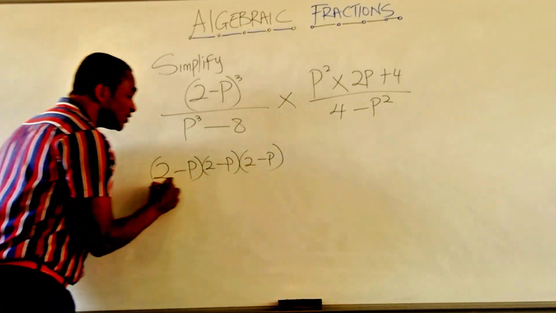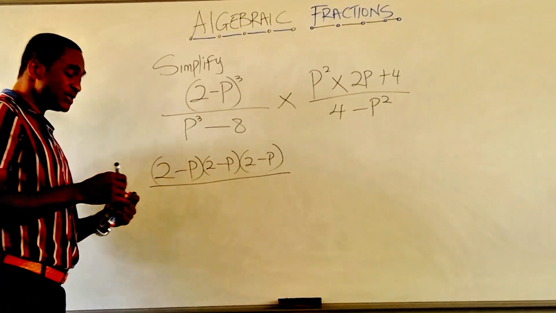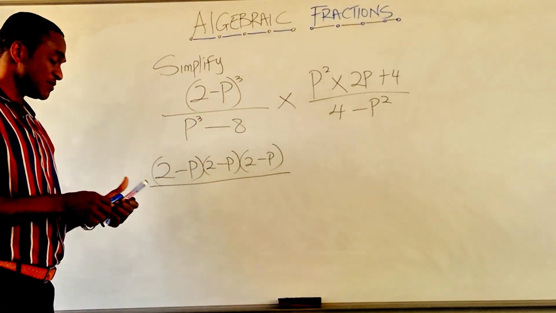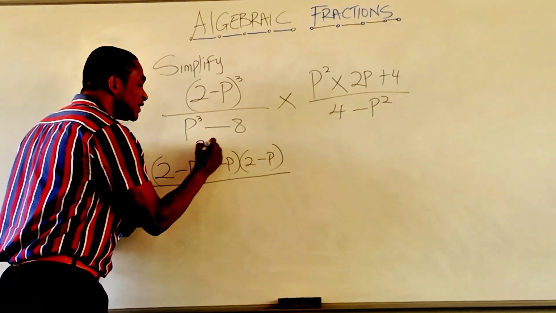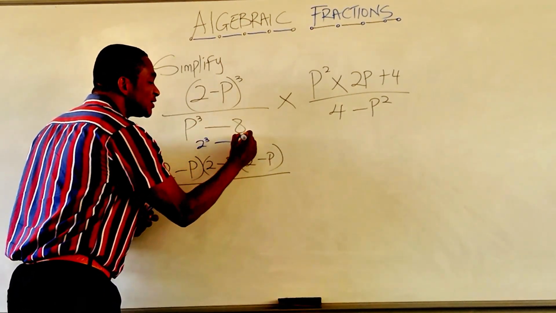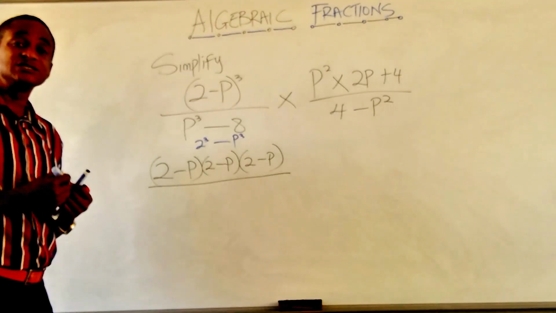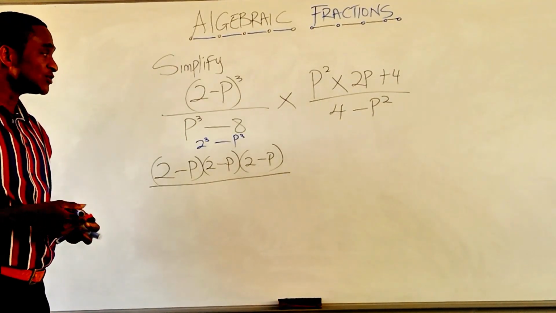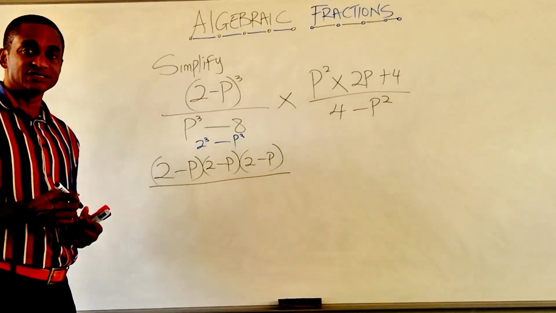Now we go to the denominator. The denominator is 2 cubed minus p cubed. Let's remember that this is 2 cubed minus p cubed, which is a difference of two cubes. So this is a cubic factorization.